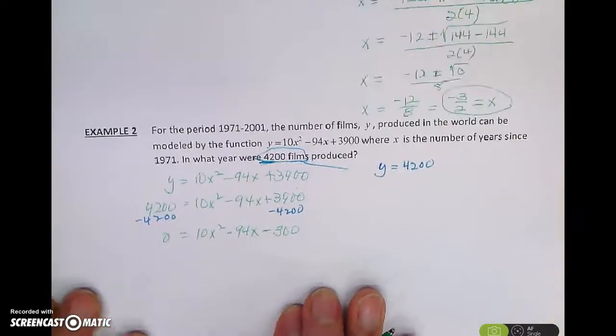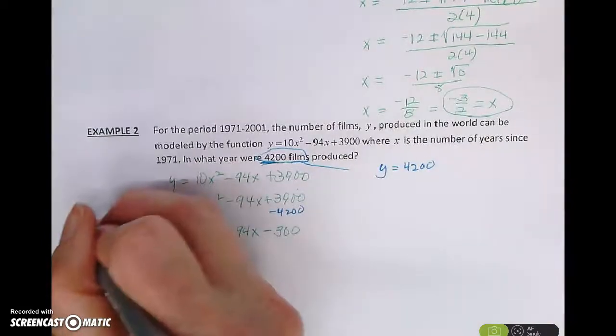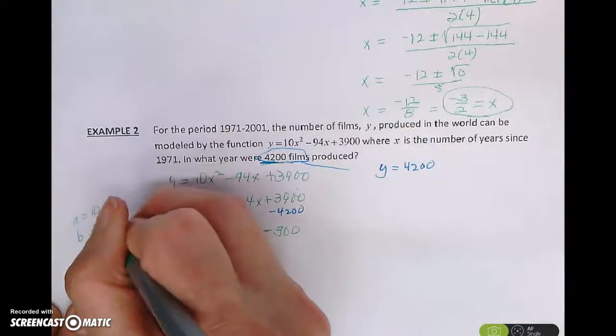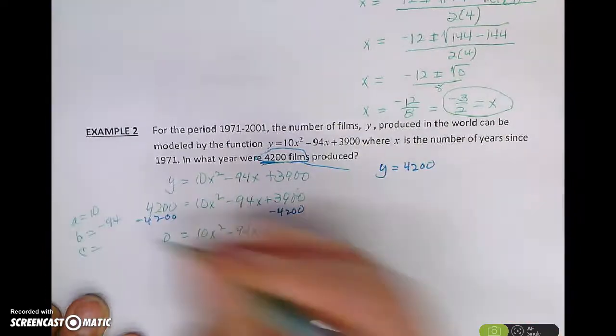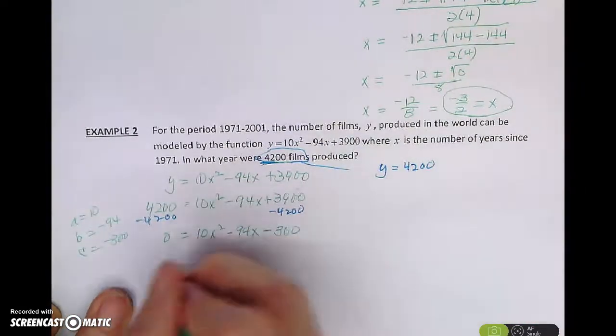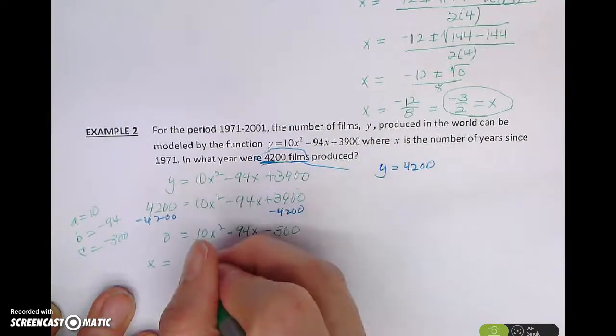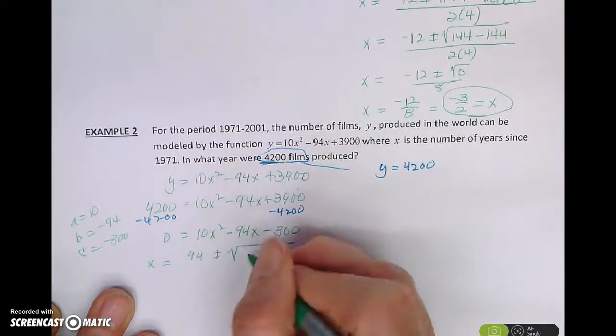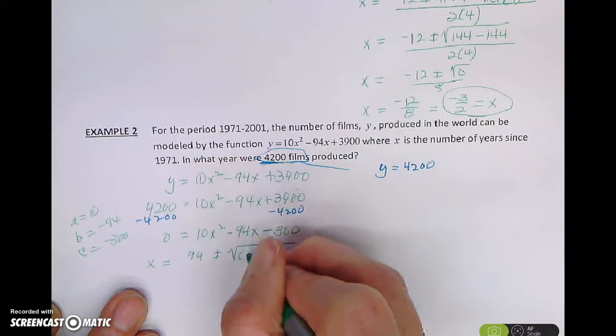We're going to use the quadratic formula. So A is 10, B is negative 94, and C is equal to negative 300. So we'll have that x is equal to the opposite of b, so it'll be a positive 94 plus or minus the square root of, oops, that's going to be big, isn't it?